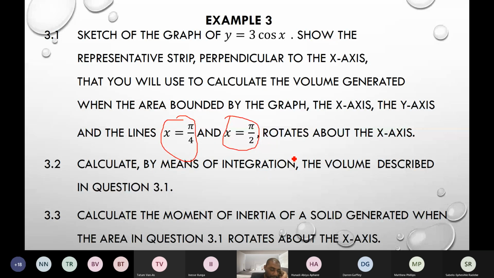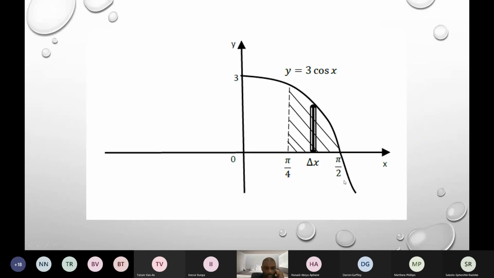So they gave us the range. From there, you can see my pi over 2 and my pi over 4. For reasons best known to them, they prefer using radians. Instead of using 45 and 90 degrees, they prefer pi over 4 and pi over 2 in radians, not degrees. So you need to be comfortable with that as well.